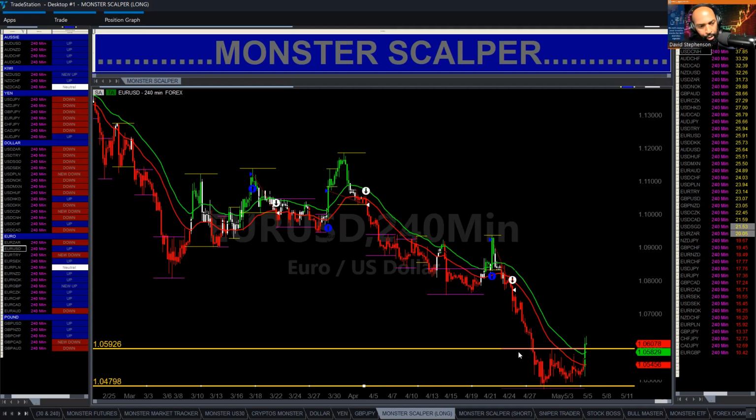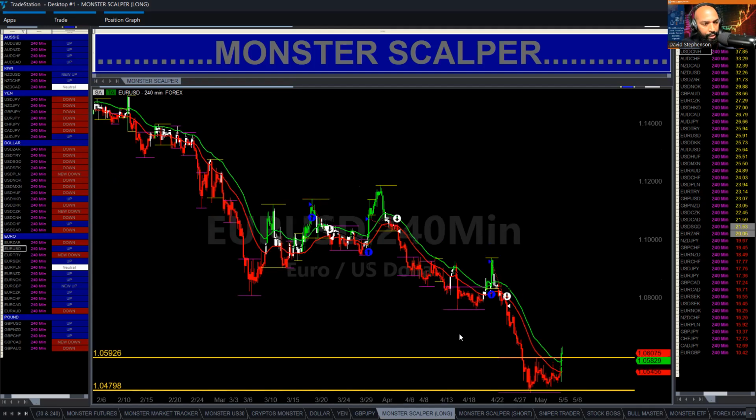Good job. Watch this, it is in the markdown phase, accumulation. You've got a big candle here that broke resistance. Just wait for that buy signal. That's exactly what we want to do. Markdown phase.